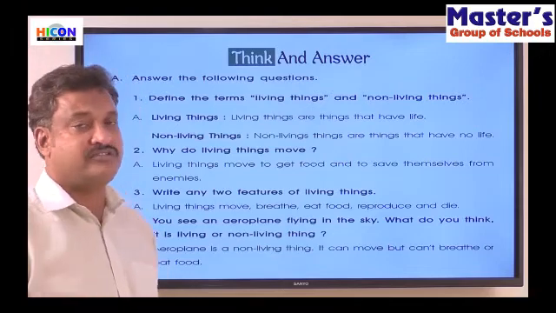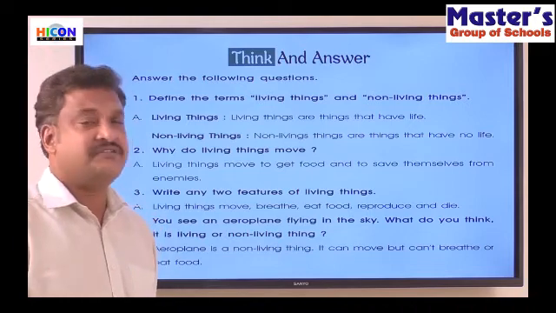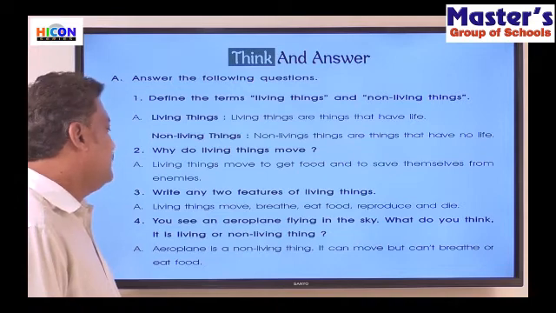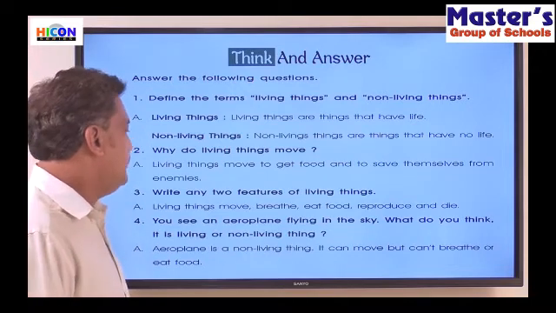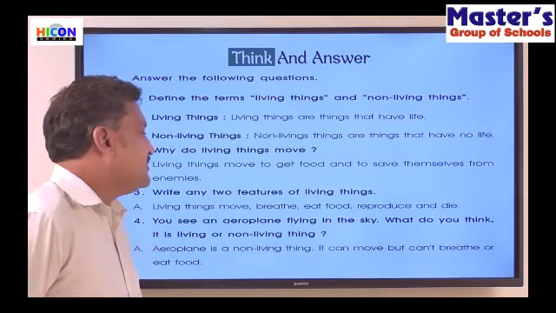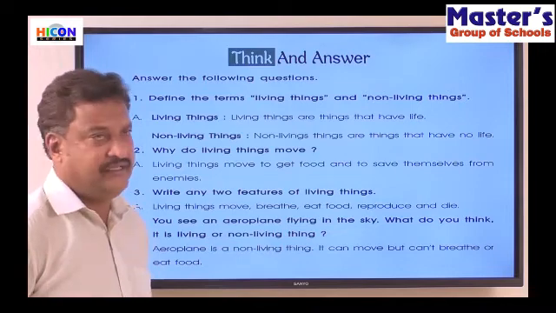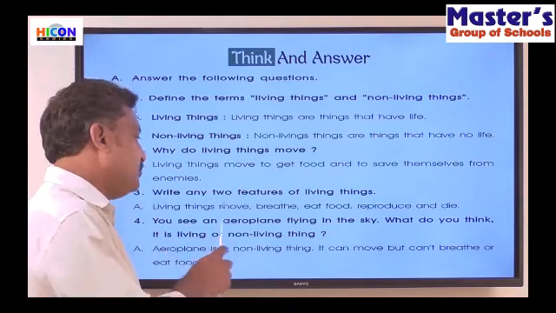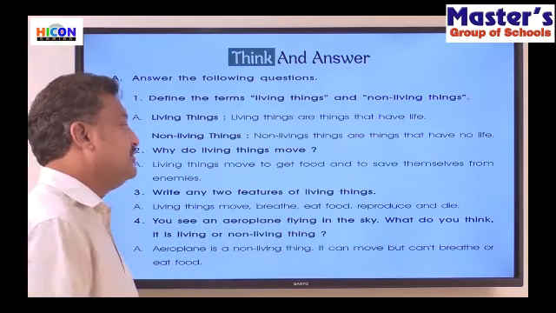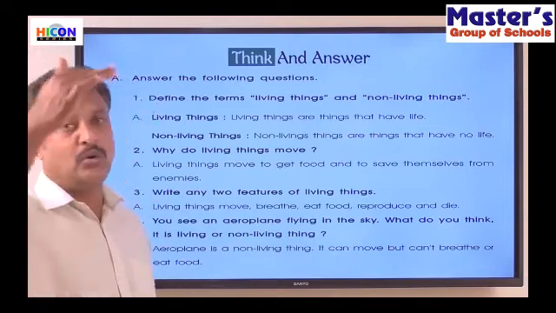So what are the reasons by which living things move? Living things move because of 2 reasons. 1, in search of food. Second, to save themselves from animals or enemies. 3, write any 2 features of a living thing. We have learned some features, isn't it? What are they? Living things move, living things breathe, living things eat food, living things reproduce and die, living things grow.